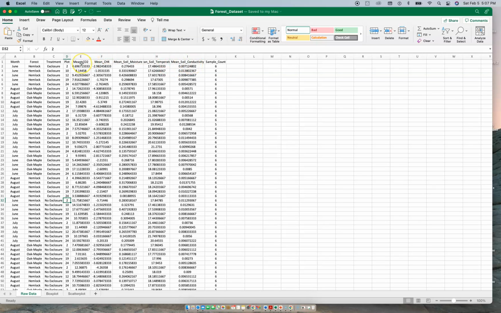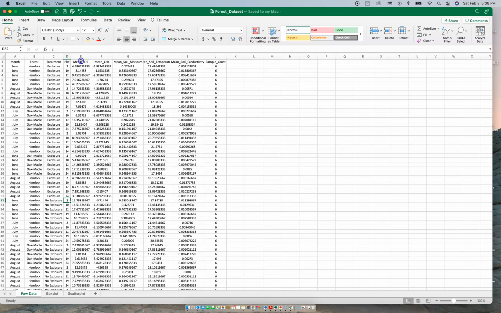You'll notice that I've described these as mean values. This is because each of these is actually a mean of 6 samples. Over a 3-day period, I went out there and collected data in the morning and afternoon, and all 6 of those samples are summarized into a mean. Do note, if I was to publish this, I would want to also include a measure of spread of the data.